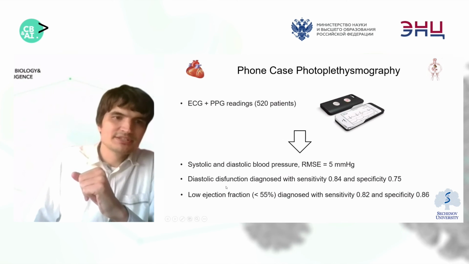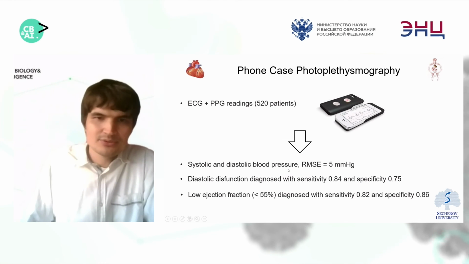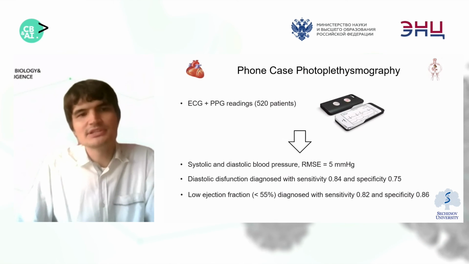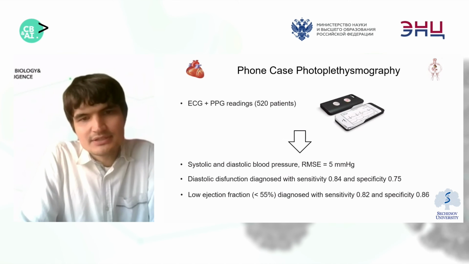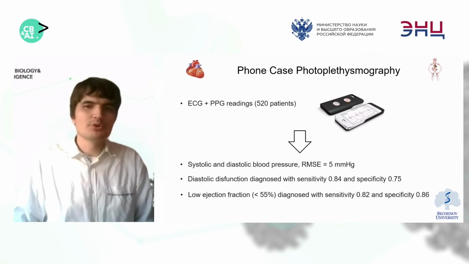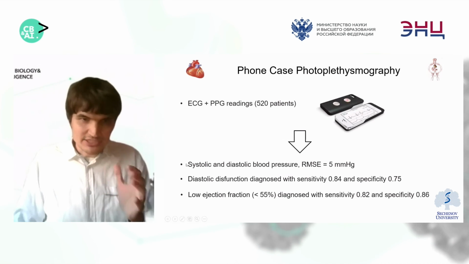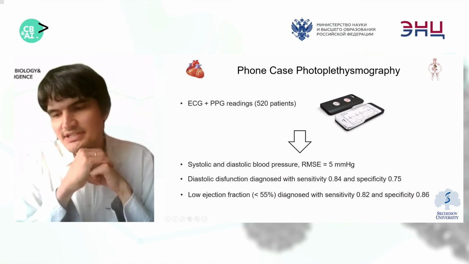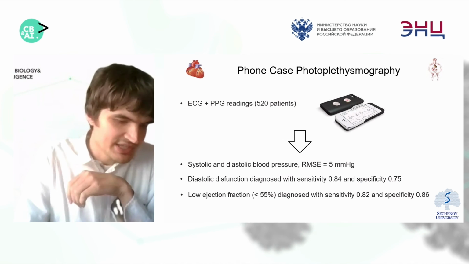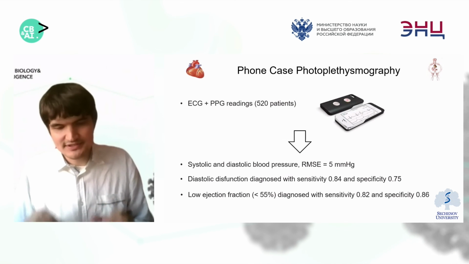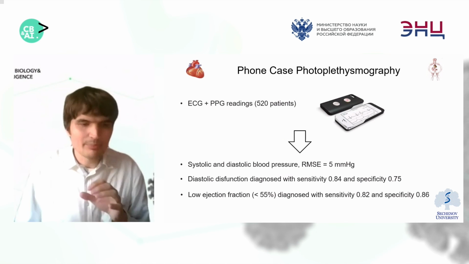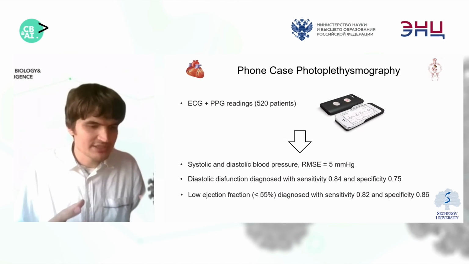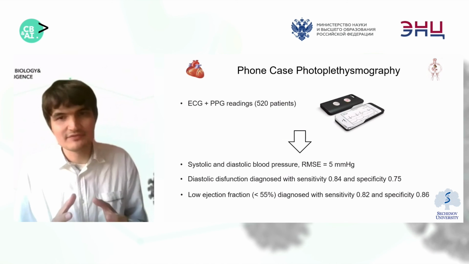And also we can diagnose diastolic dysfunction with a sensitivity of about 0.84. And we can detect low ejection fraction with a sensitivity of 0.82. I would like to emphasize that low ejection fraction, below 55%, is a very early stage of this disease, when your heart cannot pump out blood, when it pumps out a very small amount of the blood that accumulated in your left ventricle.